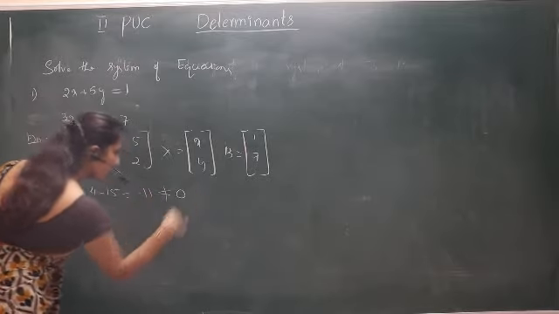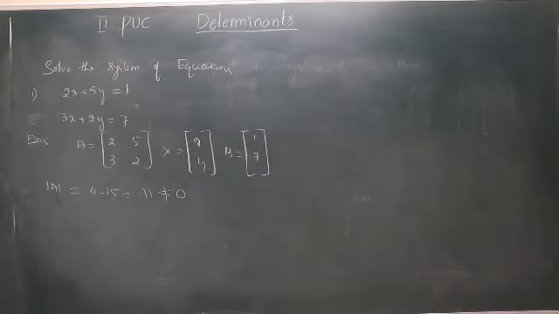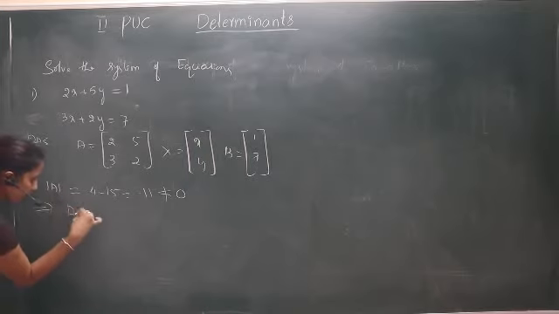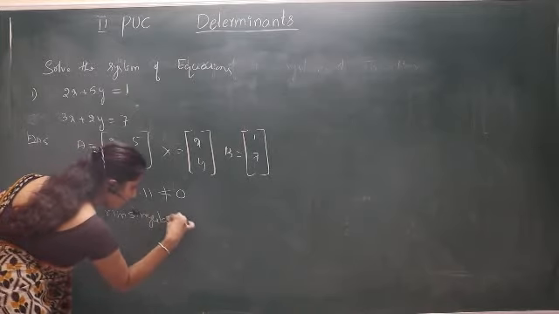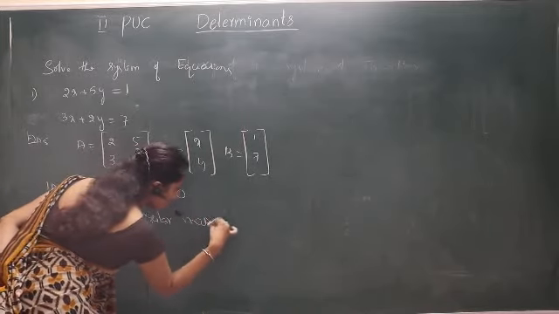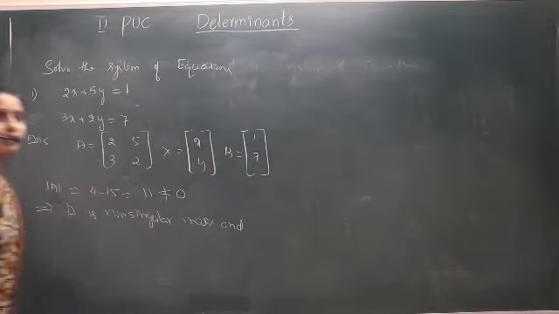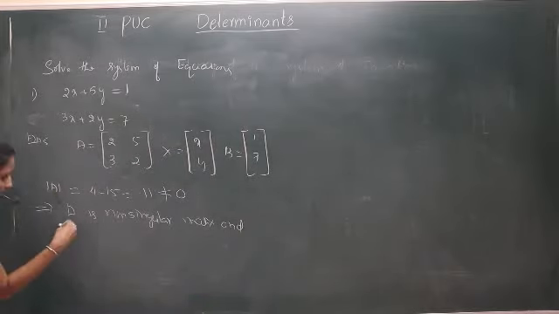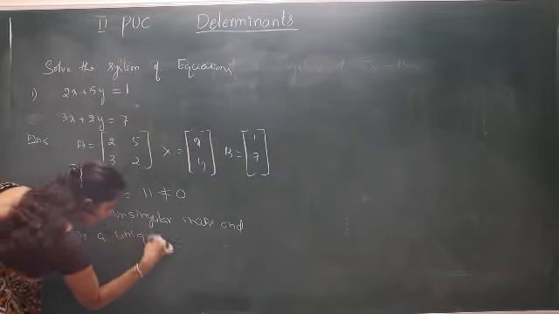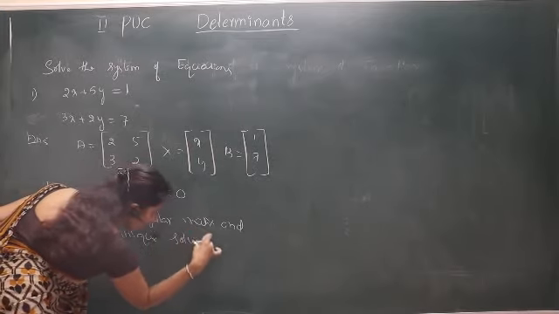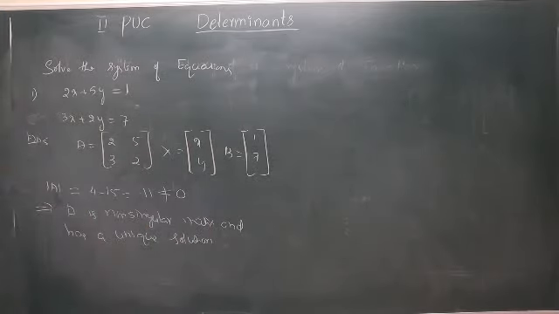This is not equal to 0, so A is a non-singular matrix and has a unique solution. Unique solution in the sense the inverse exists. If the inverse is unique, the solution is also unique.